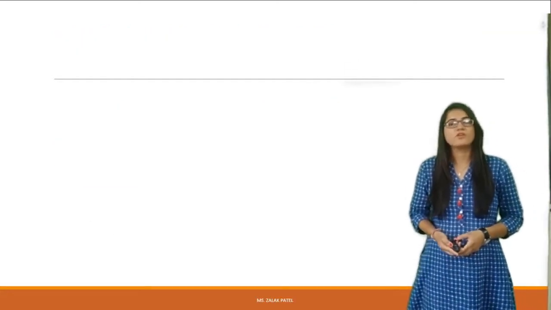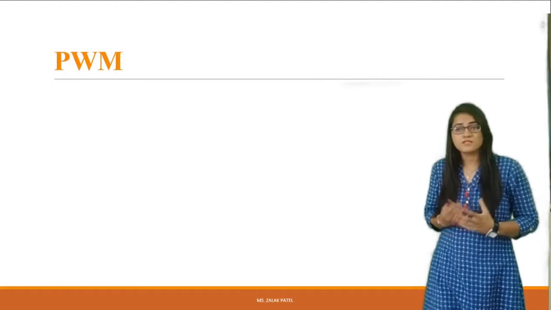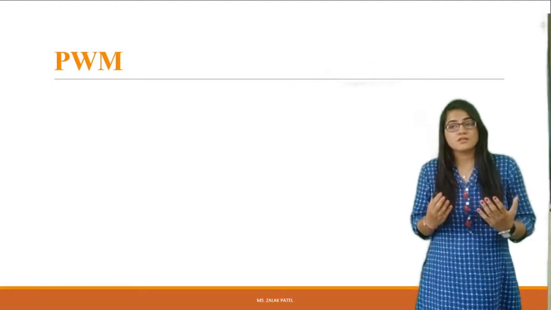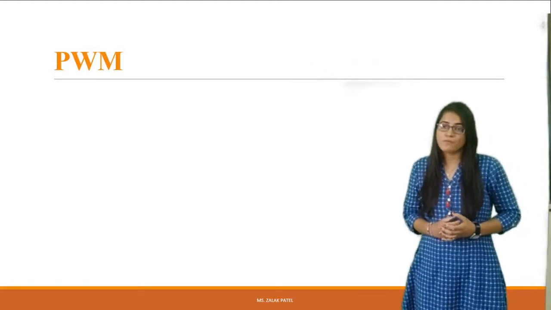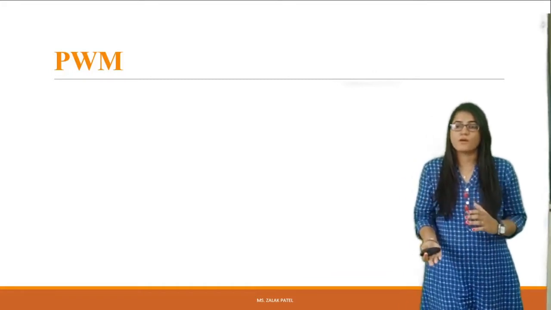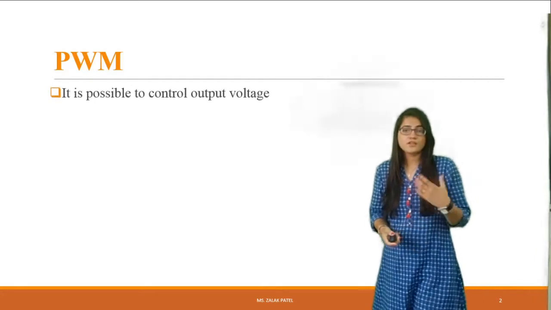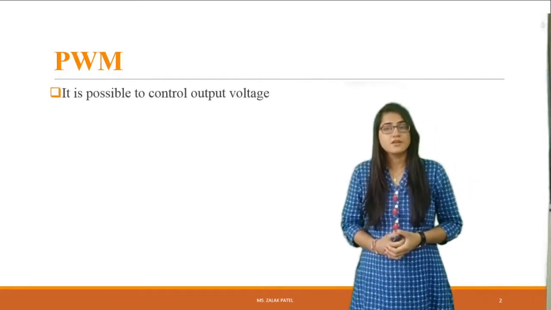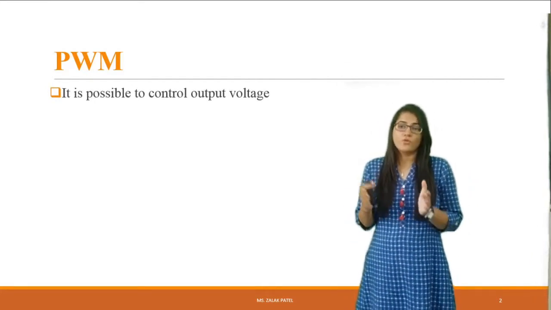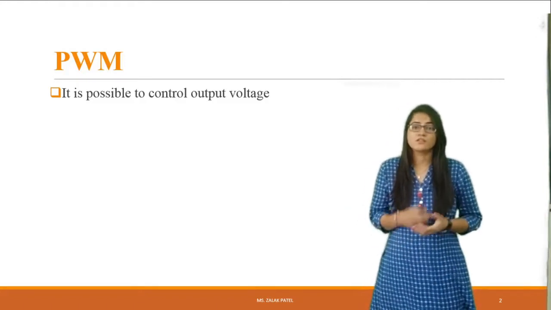First of all, as we already discussed pulse width modulation in Unit 3 for the step up and step down choppers, in the case of step down choppers we have seen that there is some controlling technique of voltage.